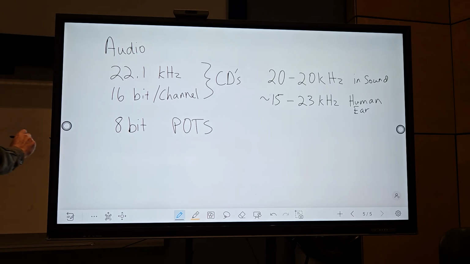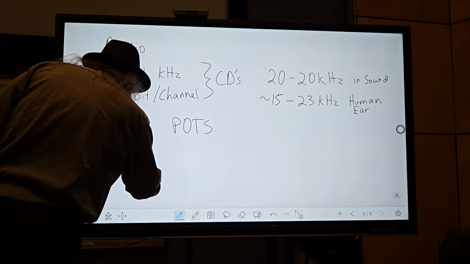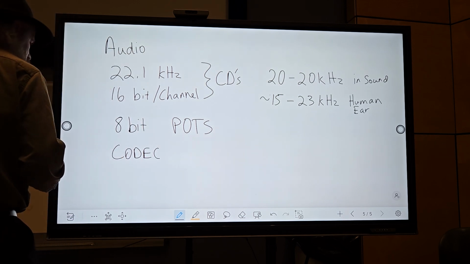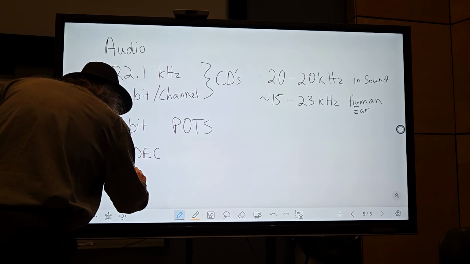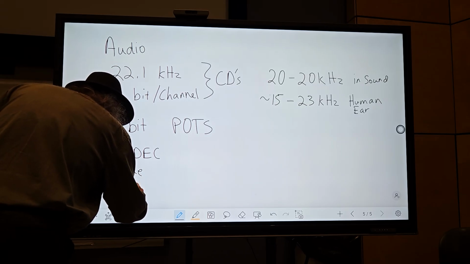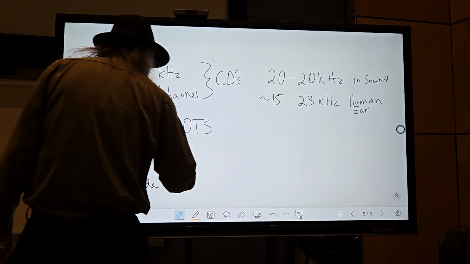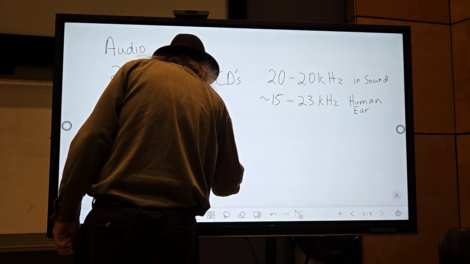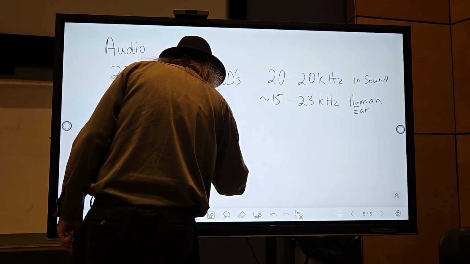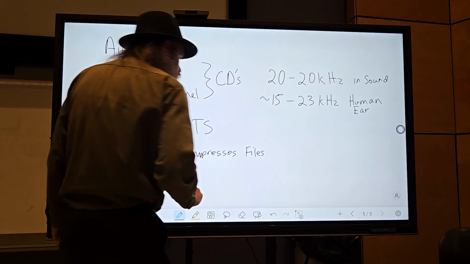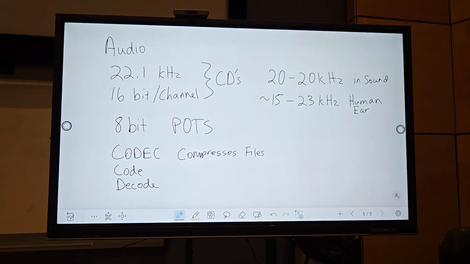That's one thing that a codec does. Codec stands for code decode, and it compresses files.